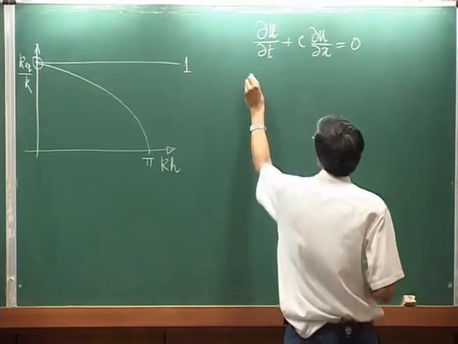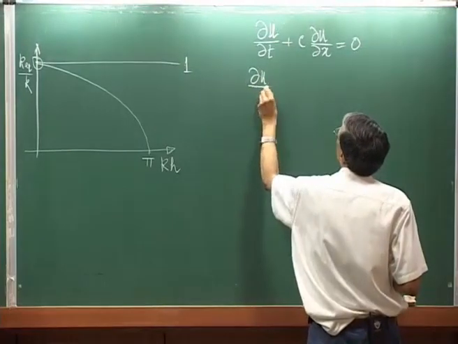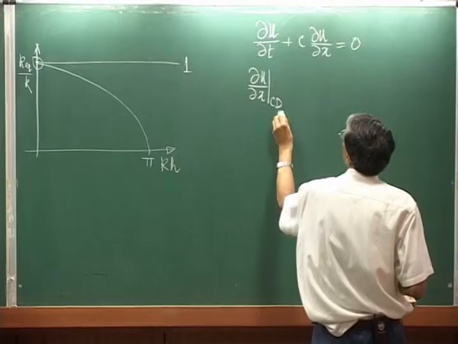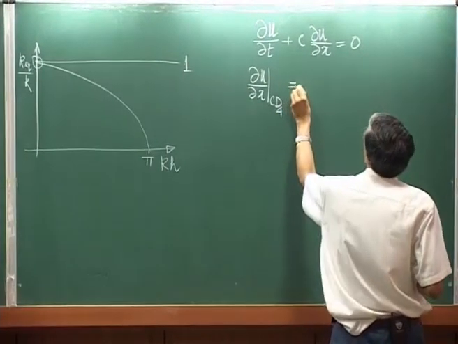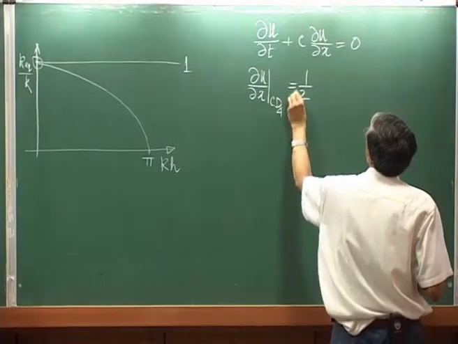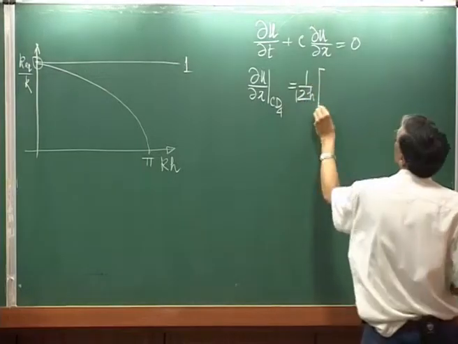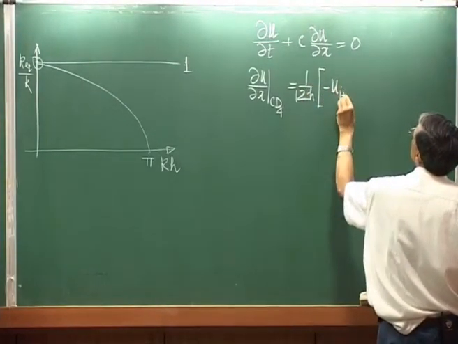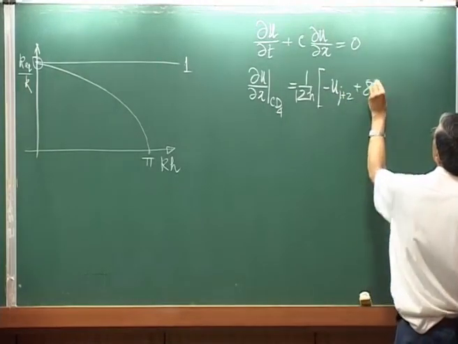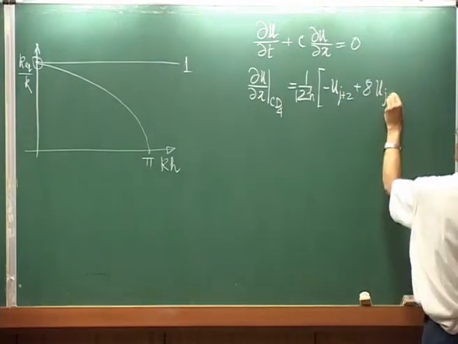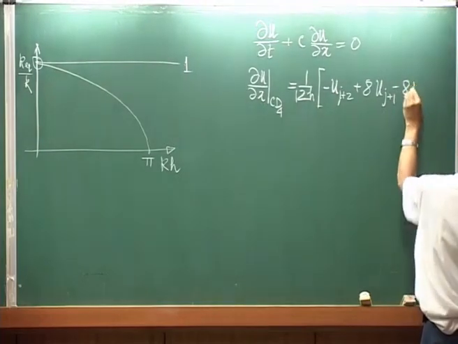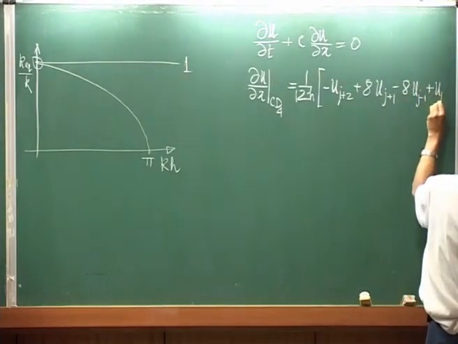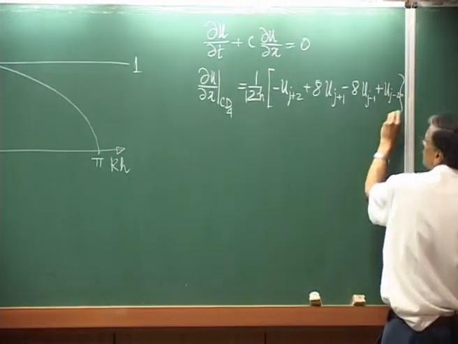Suppose you do it by the fourth order central differencing scheme, I think you would recall this was the expression that we had written: u j plus 2 plus 8 u j plus 1 minus 8 u j minus 1 plus u j minus 2.